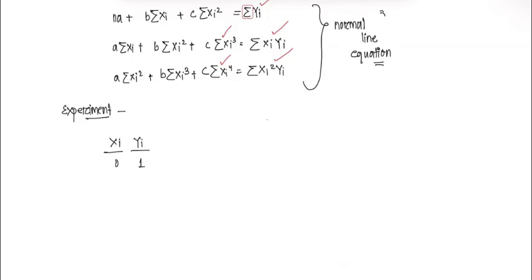So the values are 0, 1, 1, 3, 2, 4. I am giving small numbers because there will be huge calculation.